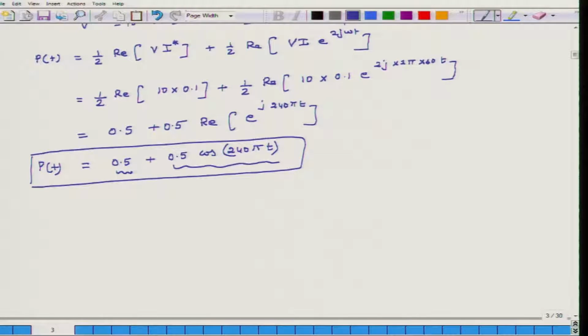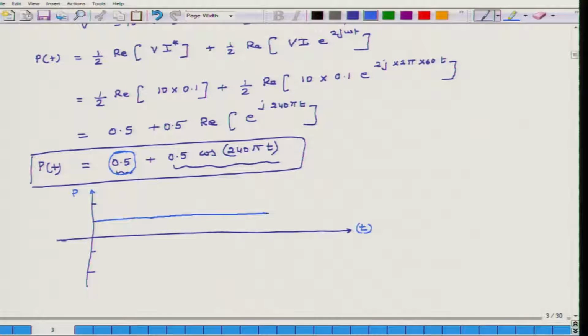So, we are going to plot it. The first thing I am going to plot is the term in blue. My x axis is time and on the y axis I have P, in watts.